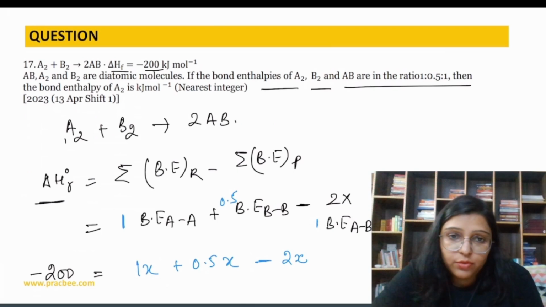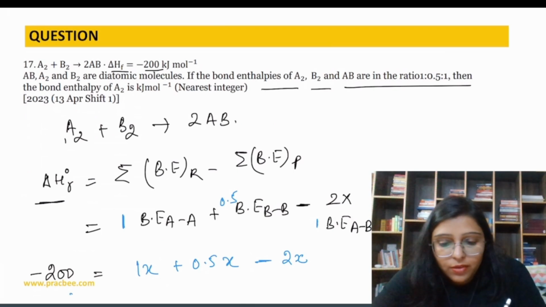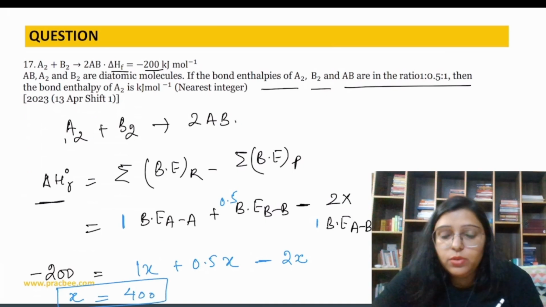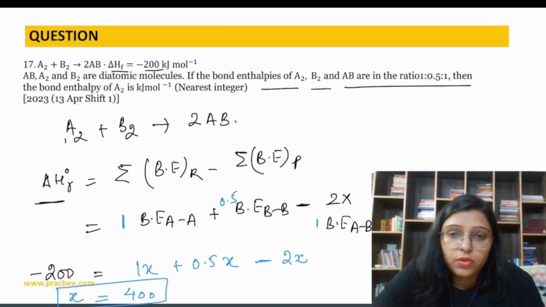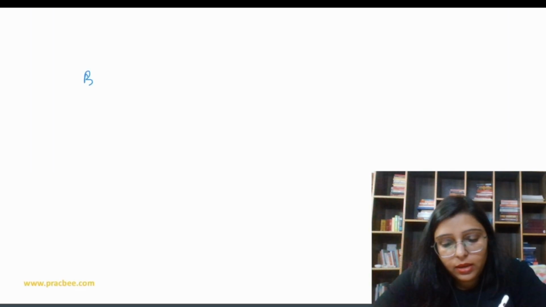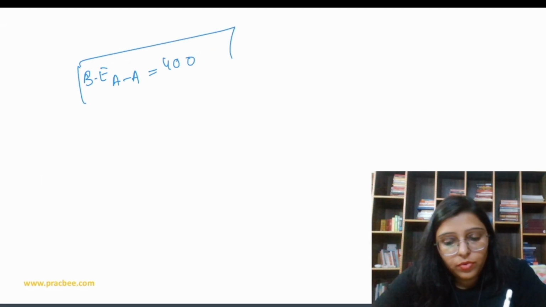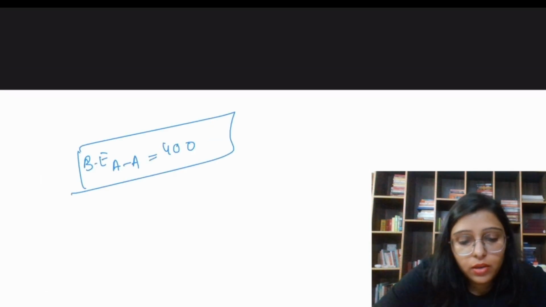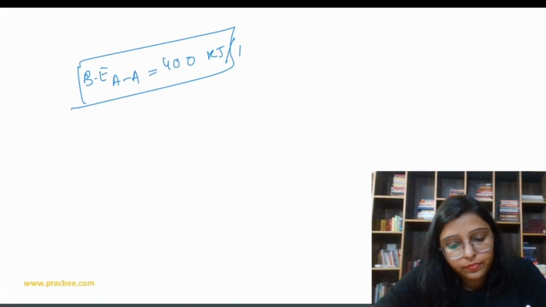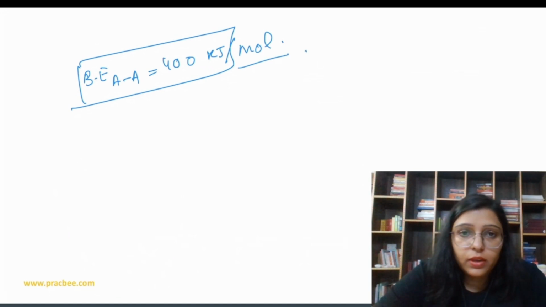We just have to solve the question. When you solve this, the value of x comes out to be 400. So the bond energy of AA is equal to 400 kilojoule per mole. Yes, that's the answer.